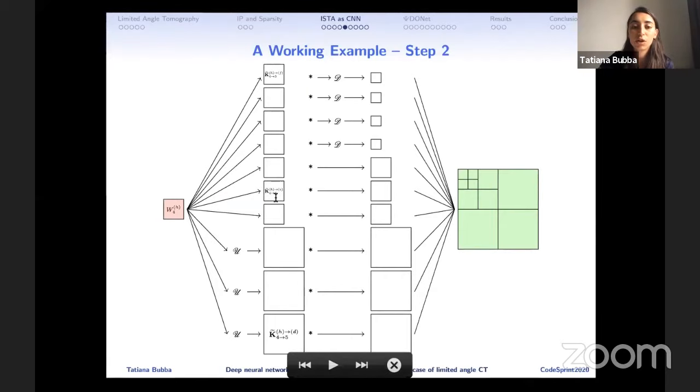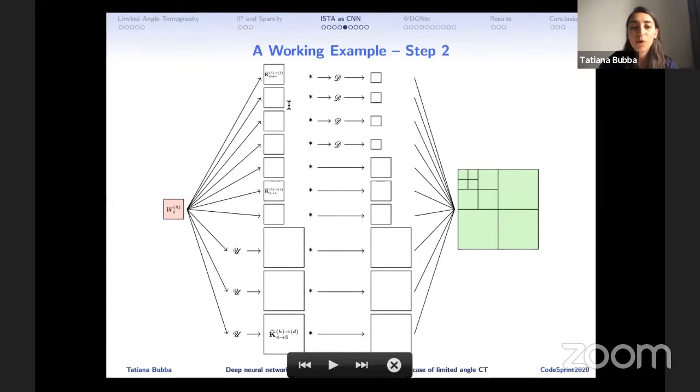You take this kernel here, you convolve, and the result is the same size as the dimension of your starting building block, which in this case is 16 by 16, okay? And the convolutional filter you are convolving with is 31 by 31.